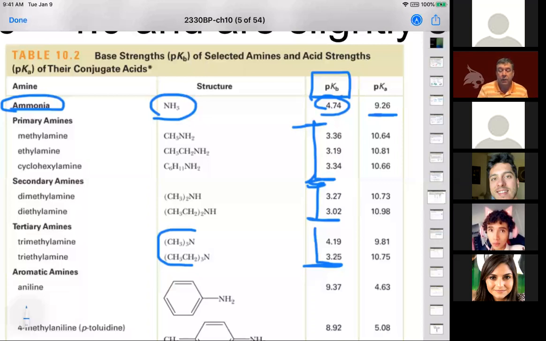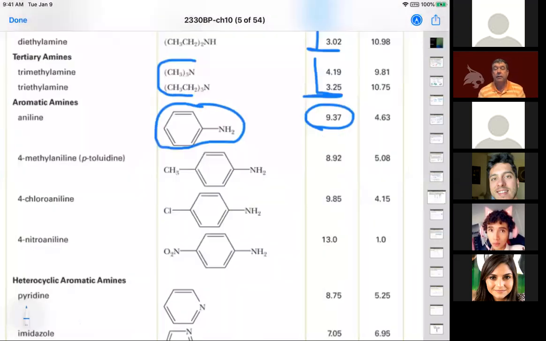Okay, so if we look at the aromatic rings, we actually see some interesting shifts. First of all, just adding the benzene ring there decreases the basicity. The number went up. So it's less basic, more acidic as the conjugate acid. This has to do with the idea that you can delocalize this electron pair in the ring and pull some electron density out, so it becomes less basic.